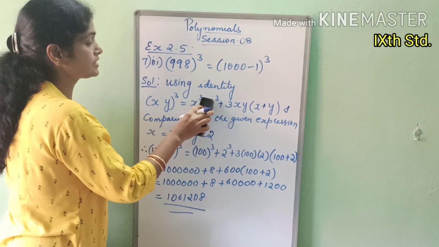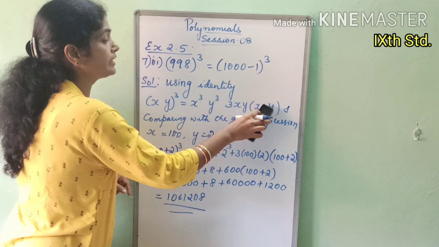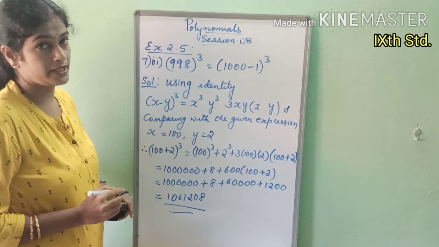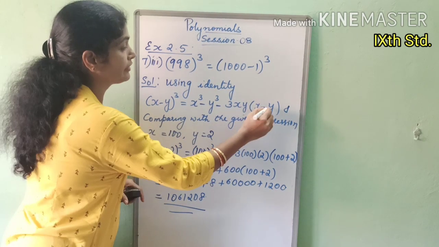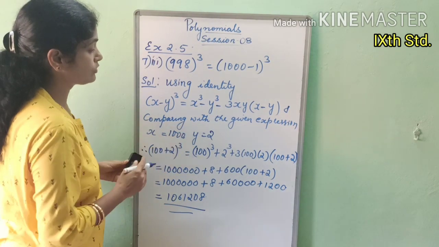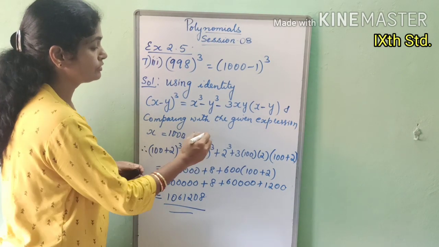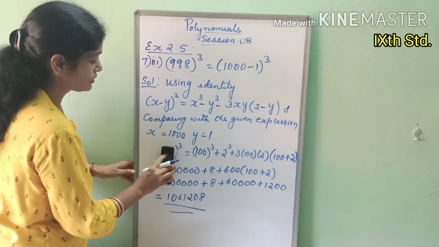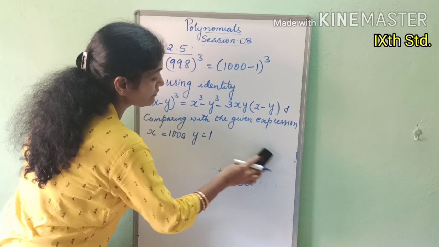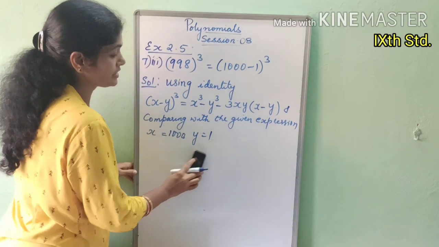So in place of the plus sign, I will replace it by minus. Using the identity x minus y whole cube, everywhere minus. Comparing it with the expression, x is equal to 1000 and y is equal to 2. Further, as usual, replacing the values of x and y in the given identity.